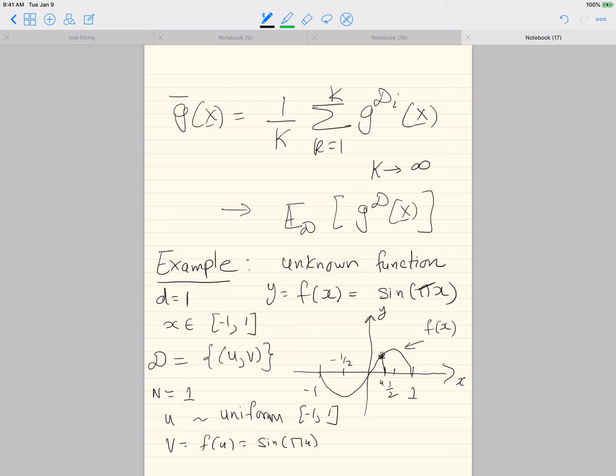Things can get simpler than that. Just have one sample. The hypothesis set will be constant functions. So our output h of x will be of the form h of x is constant. It has to be a straight line.